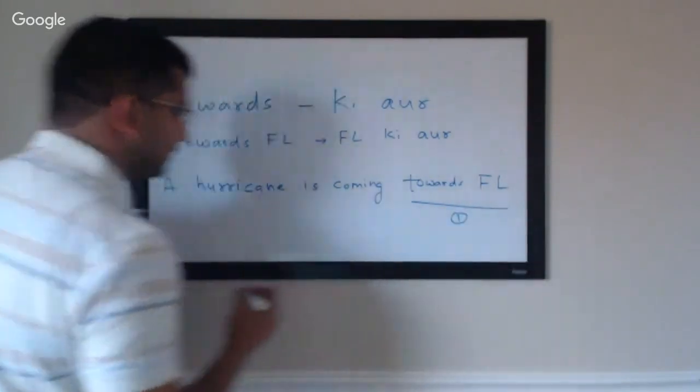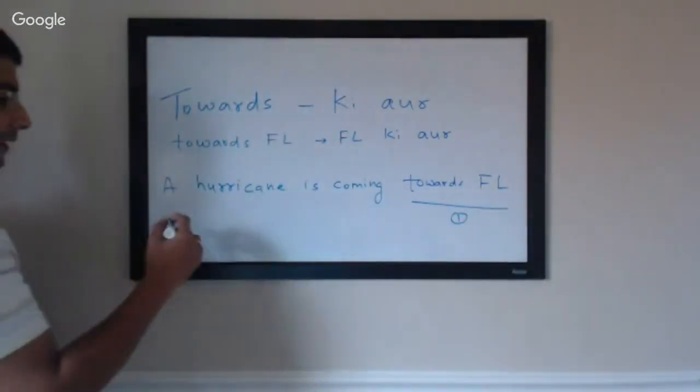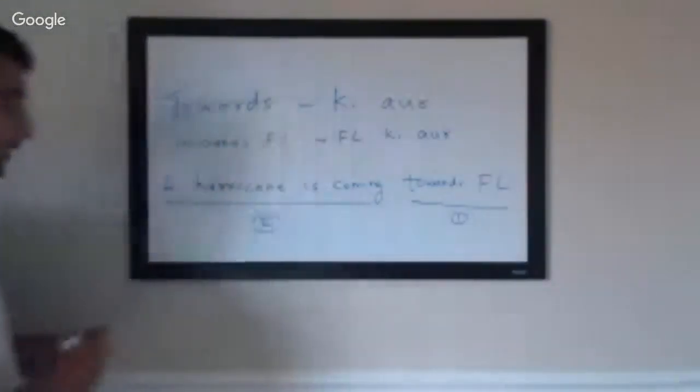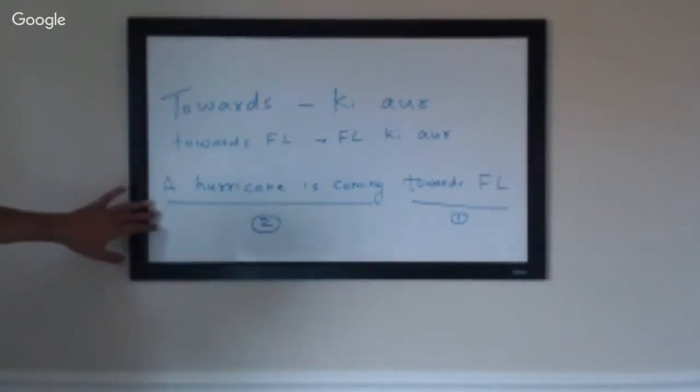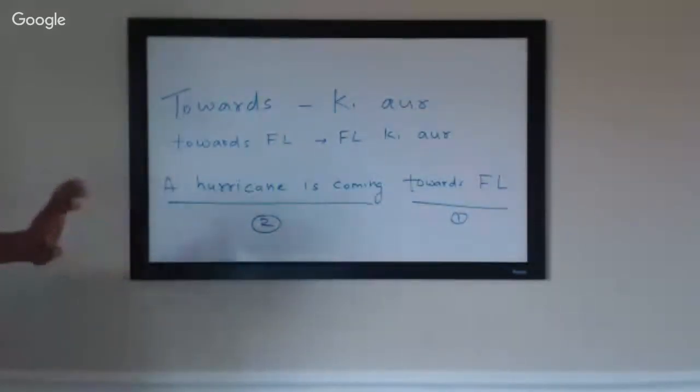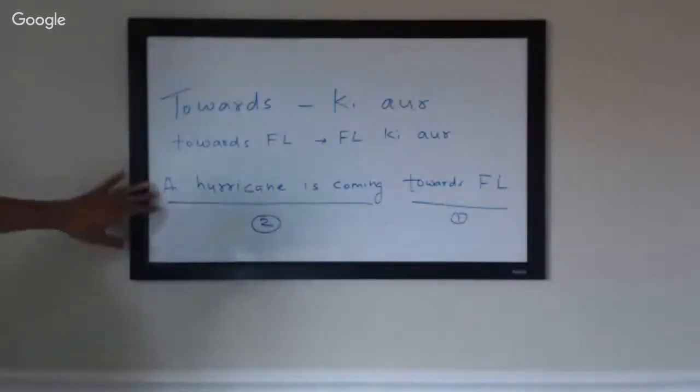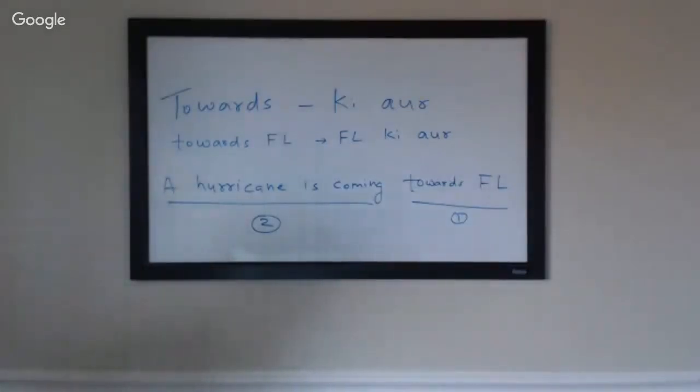Break it down. Okay. Don't worry about the Hindi word for hurricane. Hurricane is coming. It's basically present continuous. Coming, to come is ana. Okay, so it should be rather simple for you. So break it down and then tell me the Hindi equivalent of this sentence.